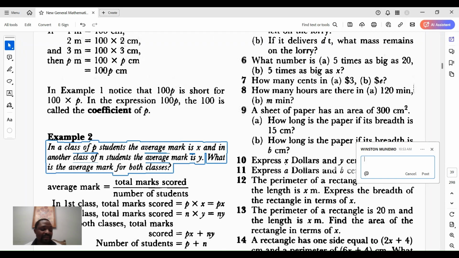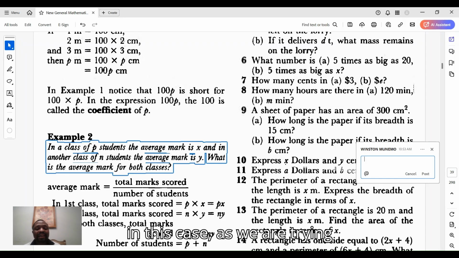As we know, the average mark is equal to total marks scored over the number of students. In the first class, total marks scored is p times x, which is px. In our second class, the total marks scored is n times y, which is ny.